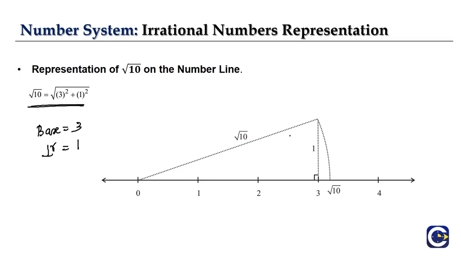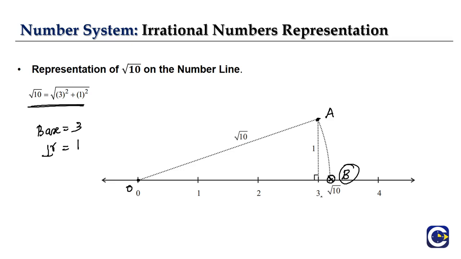Let this point be A and this point be O, then OA is root 10. Take O as the center and OA as the radius, and mark an arc using the compass. It touches the number line at point B, which is the location of root 10 on the number line.